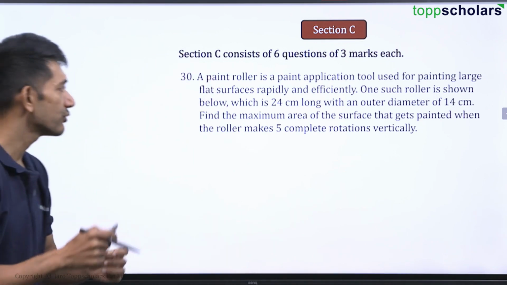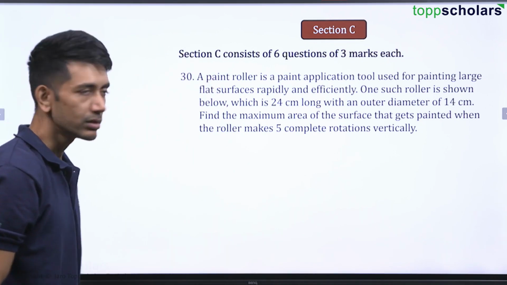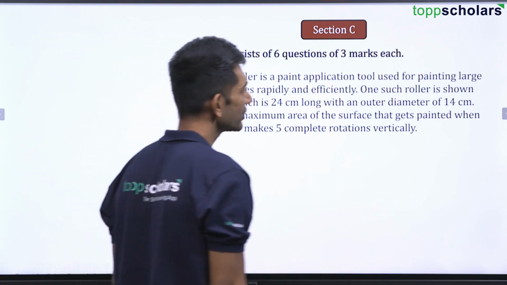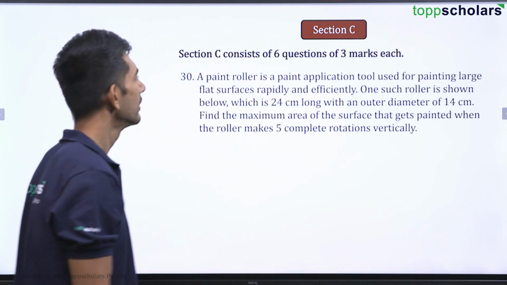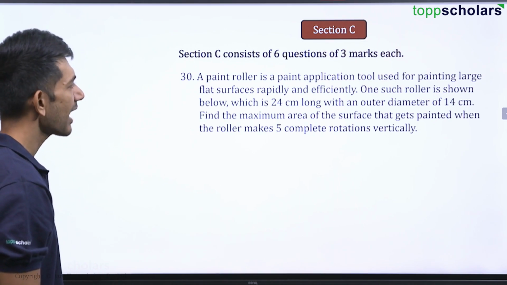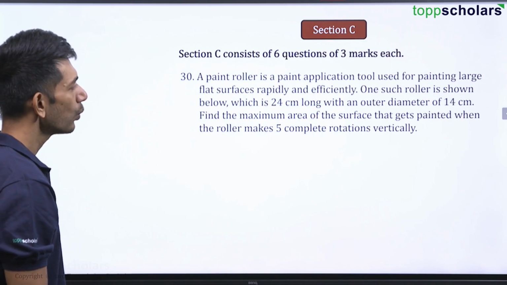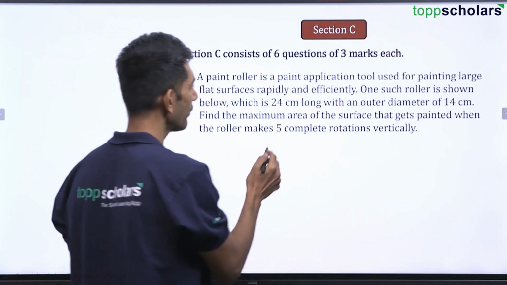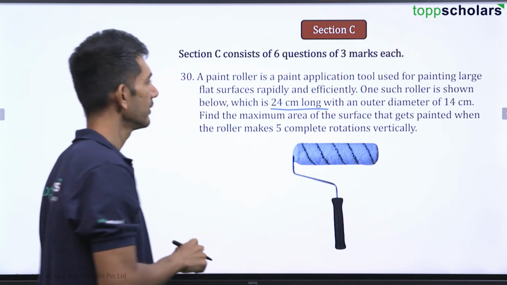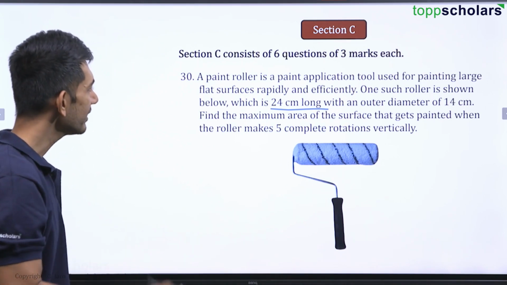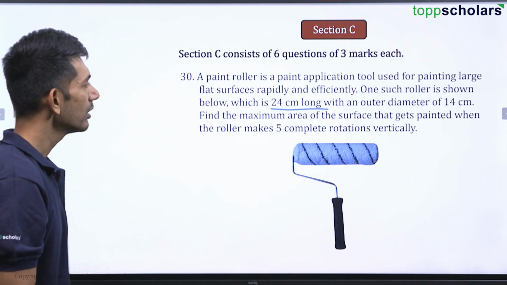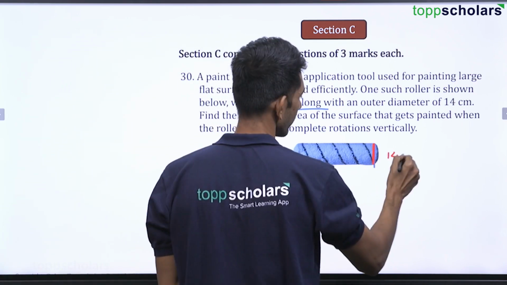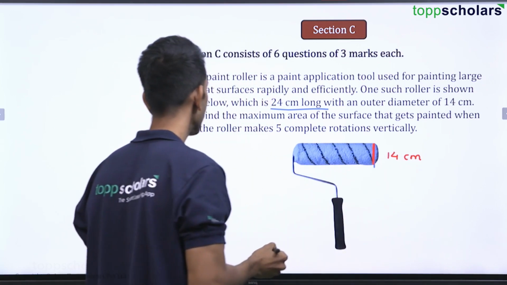This is based on mensuration. A paint roller is a paint application tool used for painting large flat surfaces rapidly and efficiently. One such roller is shown below, which is 24 centimeter long with outer diameter 14 centimeter.